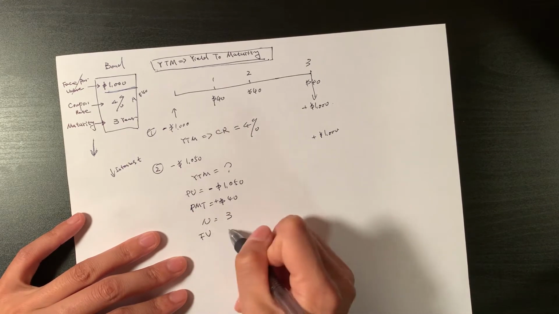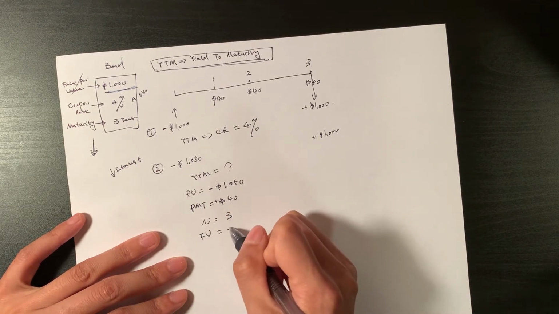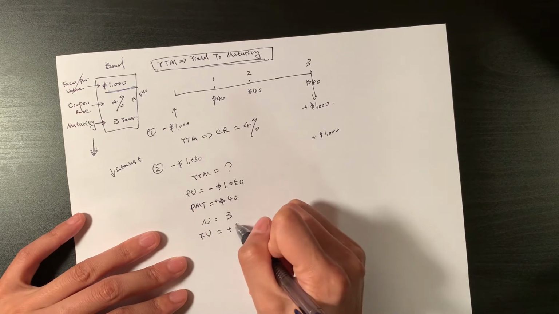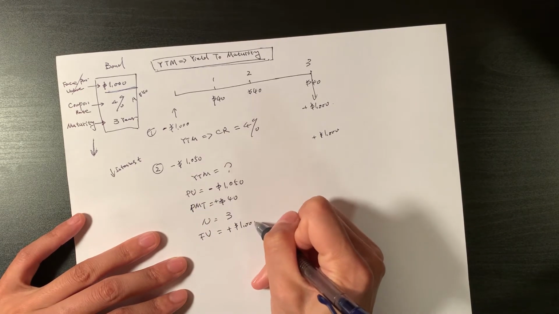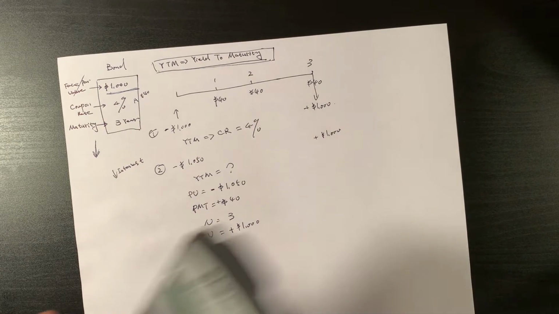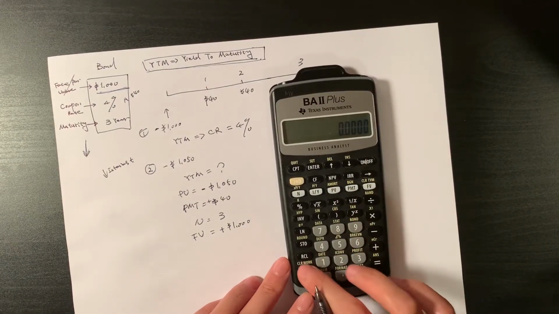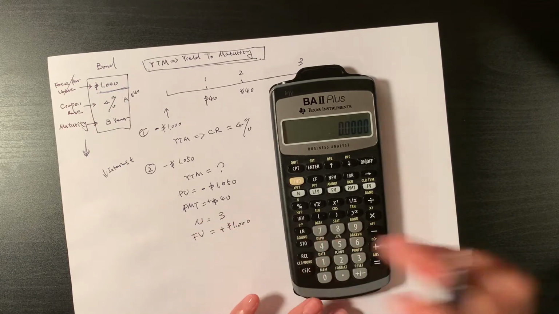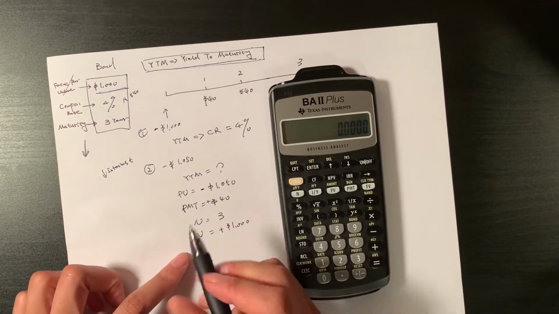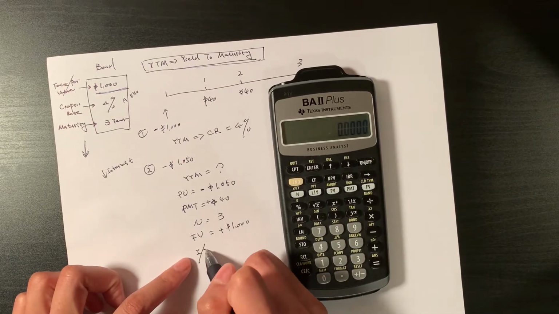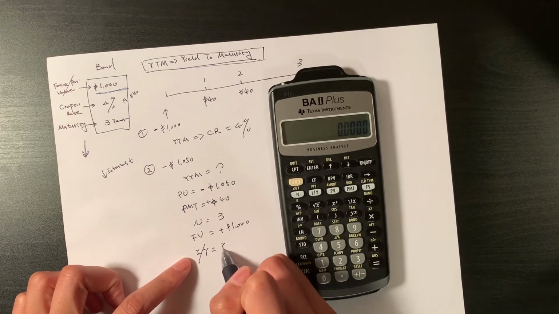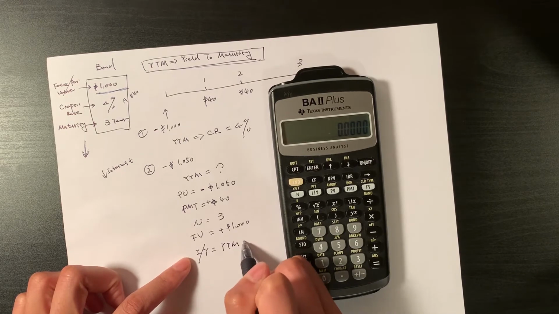What's the future value? You will get your money back, $1,000. In this case, we use the financial calculator to find the interest rate, which is the yield to maturity.